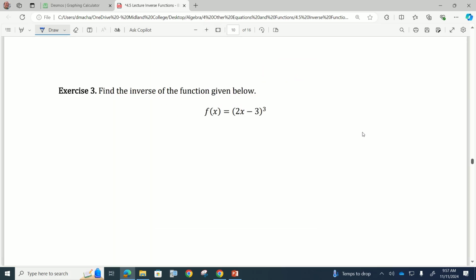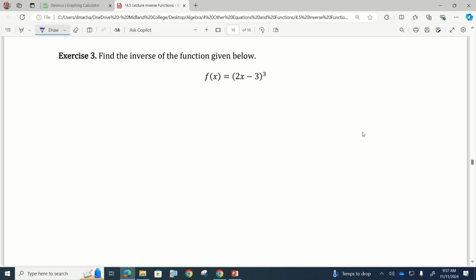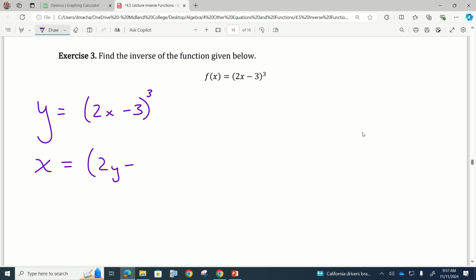More examples, because it always helps to see more and more. If I've got the function f of x equals (2x minus 3) cubed, we write it like this, and then I swap, make the x into a y, I make the y into an x. How do I solve for y?